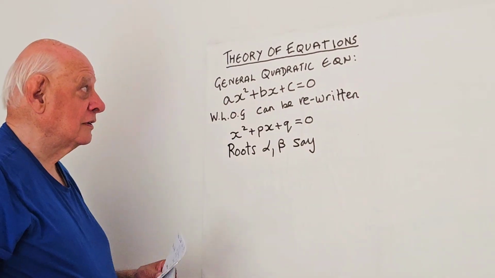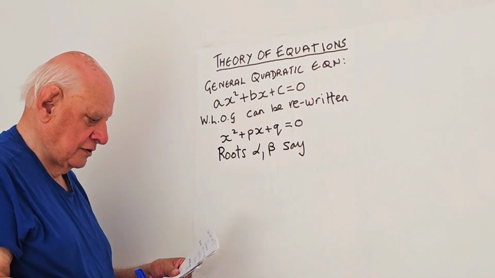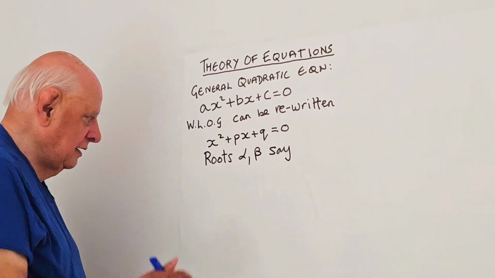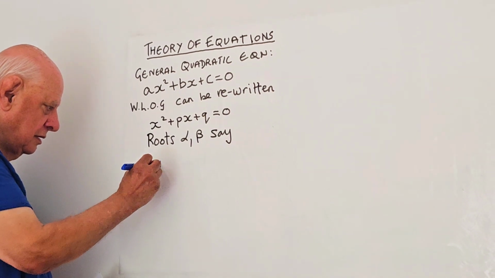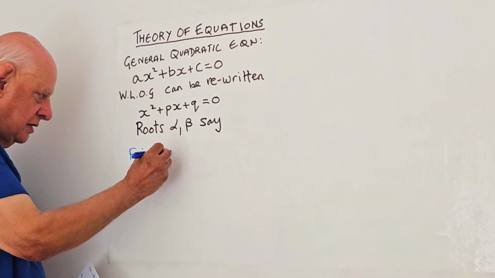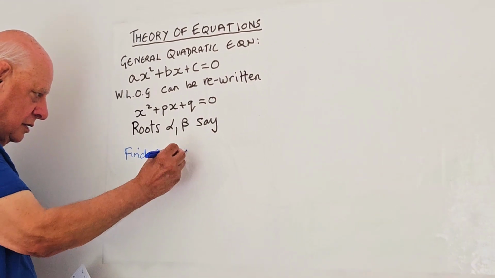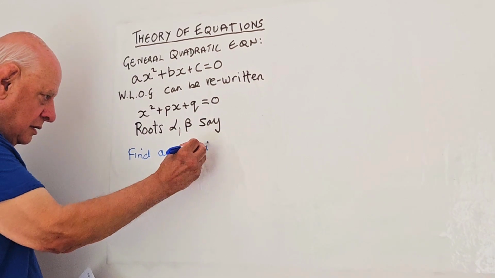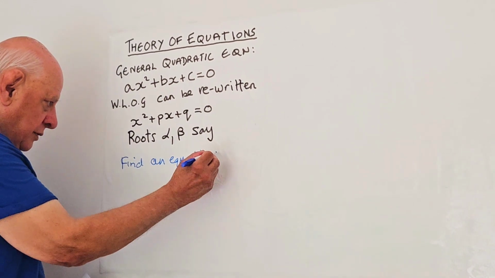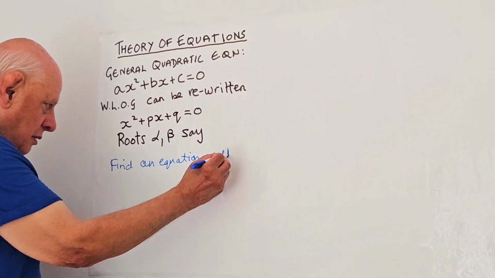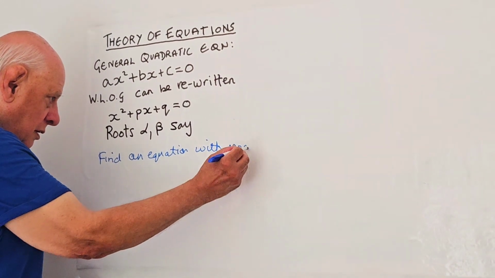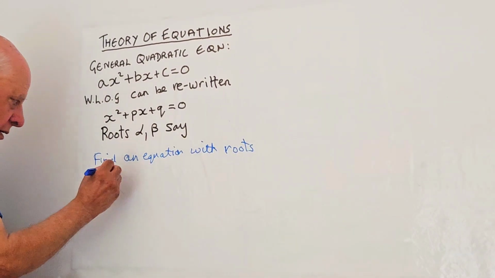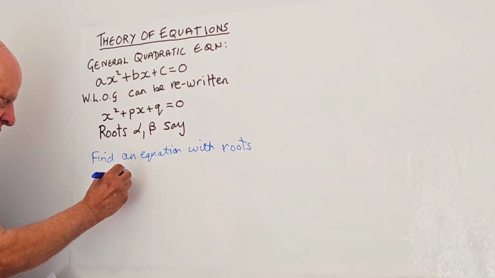Right, we now continue with these, and we're now going to form an equation whose roots, find an equation with roots alpha squared and beta squared.